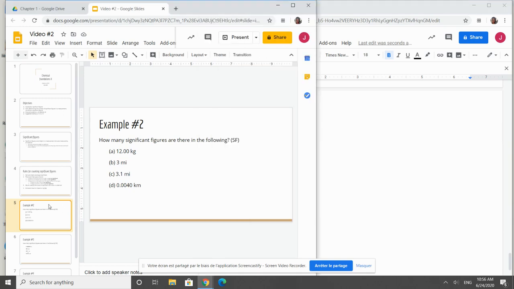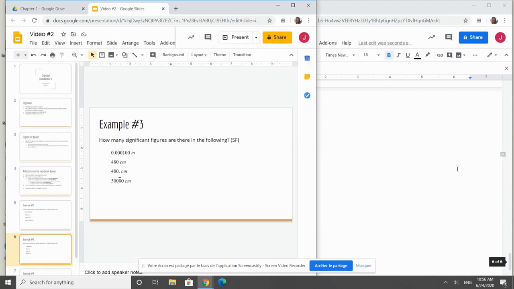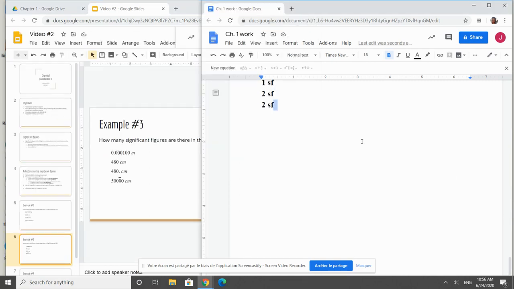Right, let's take a look at another example. Pause here and go ahead and try this example. Right, so the first one has 3 sig figs. The ones to the left of the 1 are leading, and the ones after are trailing with a decimal. 480 has 2 sig figs.